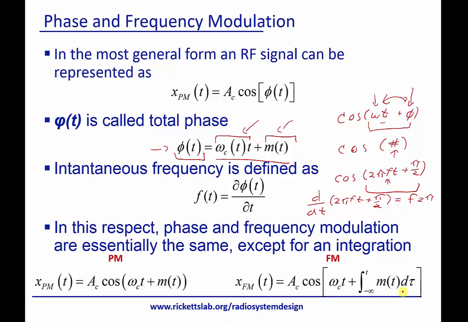And so phase modulation we can think about as a fixed frequency, we modulate the phase, or frequency modulation can just be written as the time integral of our phase change, or we could actually have omega c change. But this changing with time is equivalent to having omega c change with time, because it's all about phi of t.